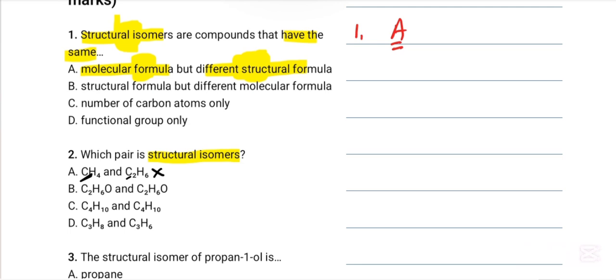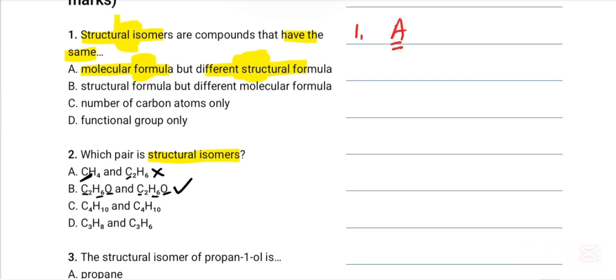Then B, we have 2 carbon atoms, 6 hydrogen, 1 oxygen, which means this one can be the isomer, or structural isomers.